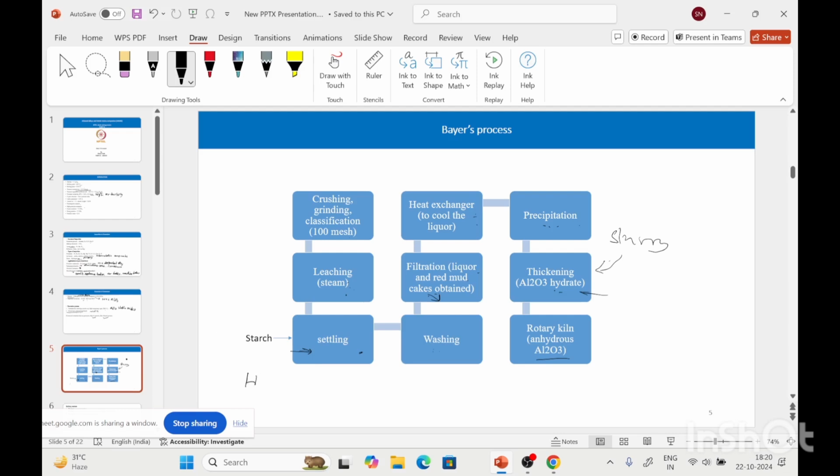So in the Hall-Héroult process, the cryolite is added, which has the composition Na3AlF6. This reagent reduces the temperature needed to dissociate the alumina, reacting and forming different byproducts.